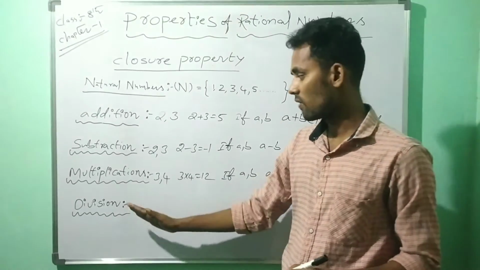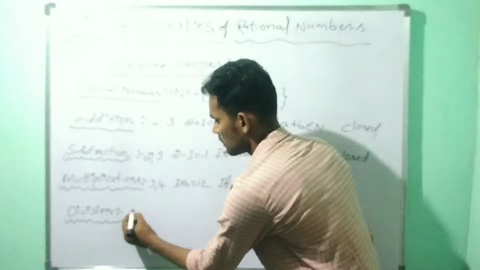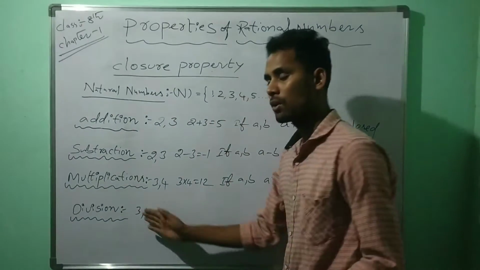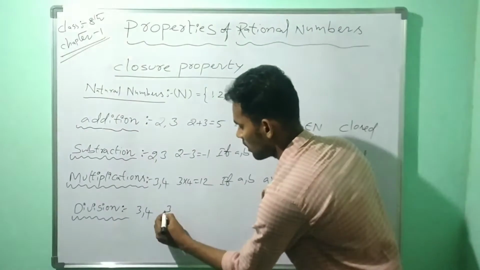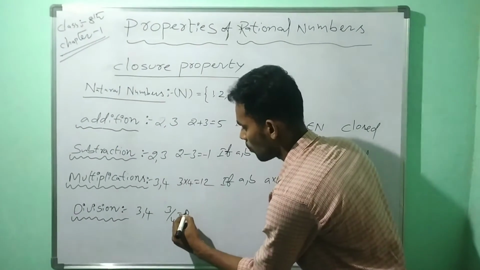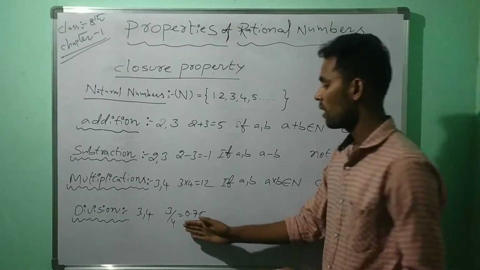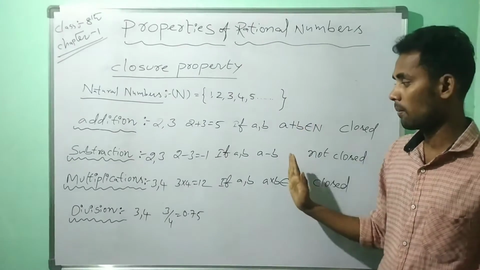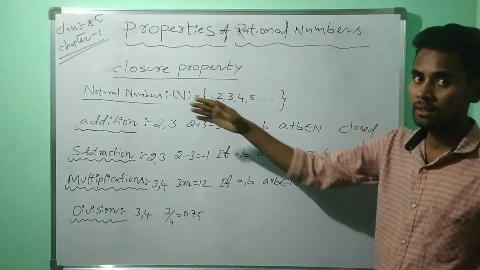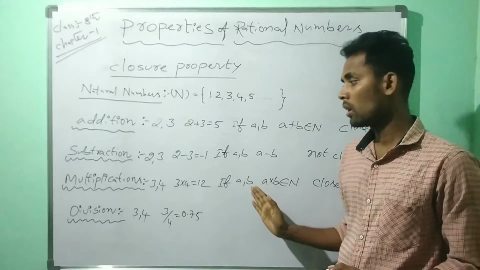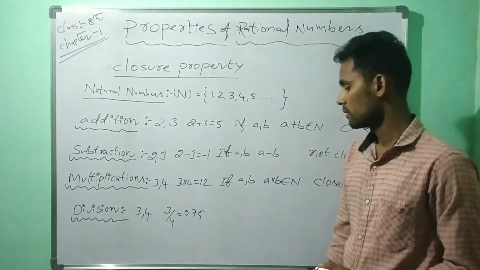Next discuss division. 3 and 4, any two natural numbers, what is the quotient? 3 by 4 equals 0.75. 0.75 is not a natural number. So natural numbers are not closed under division.